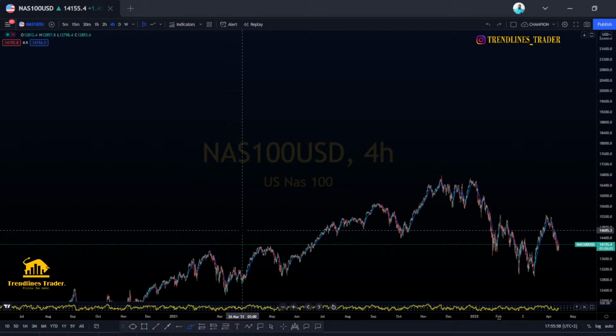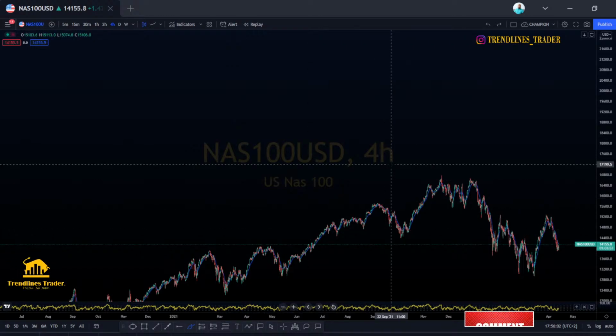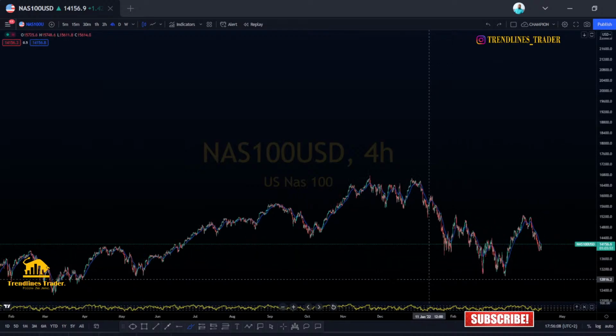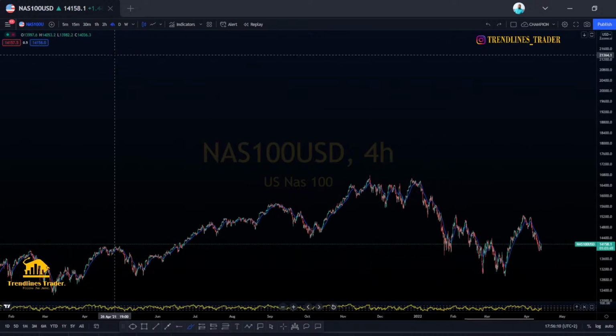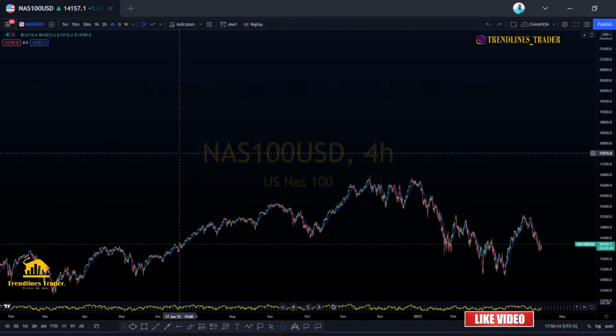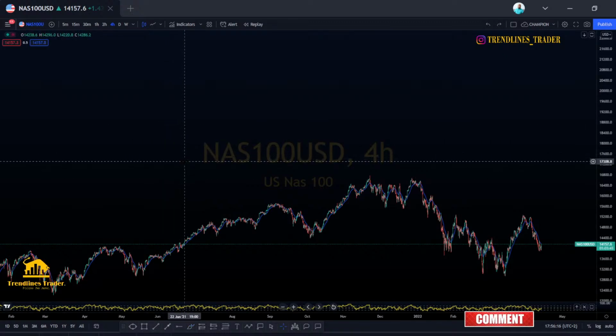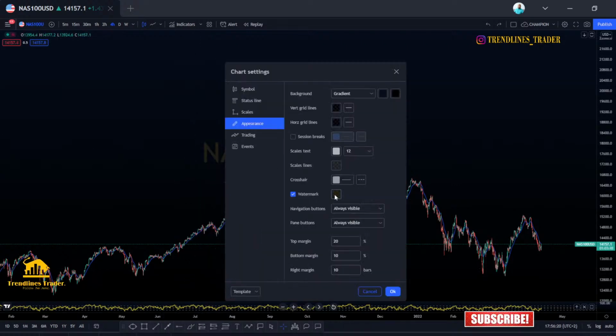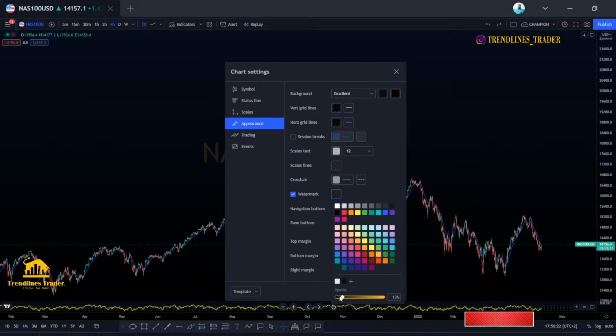Ladies and gentlemen, allow me to show you Nasdaq movements. Currently Nasdaq is giving us a very beautiful structure. Let me reduce this watermark ink so that you can see clearly.